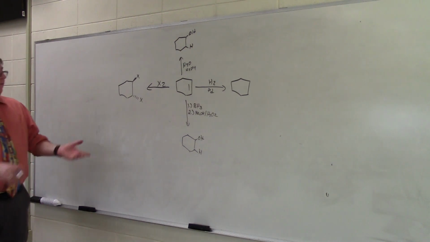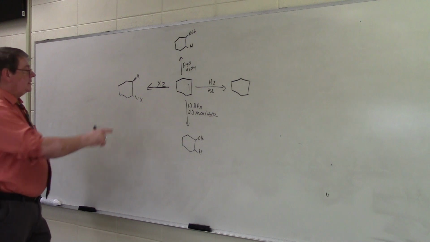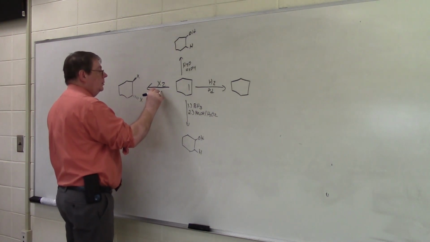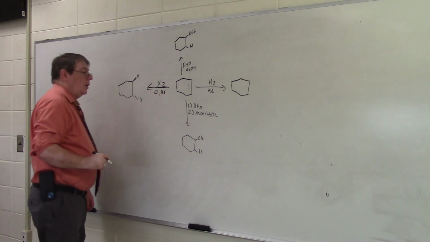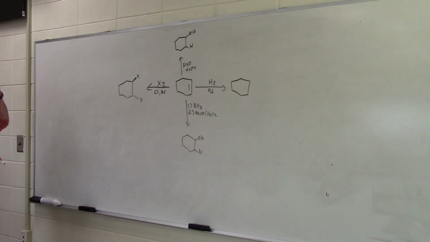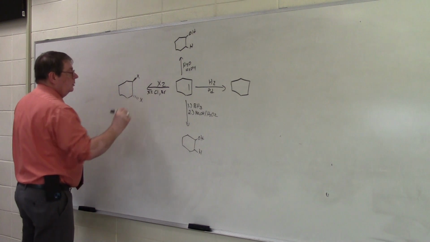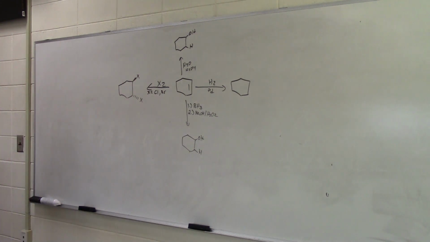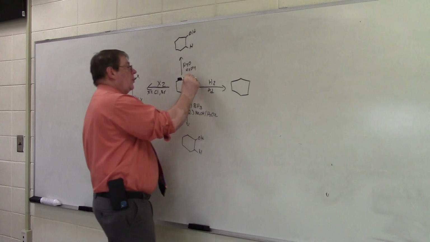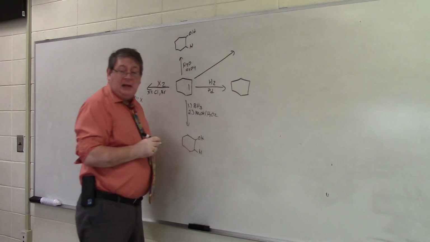So we learned that we can do a variety of different things too. X here, of course, is chlorine, bromine, for all practical purposes, right? We learned today that we can add an oxygen atom across an alkene, didn't we? And what did that make?